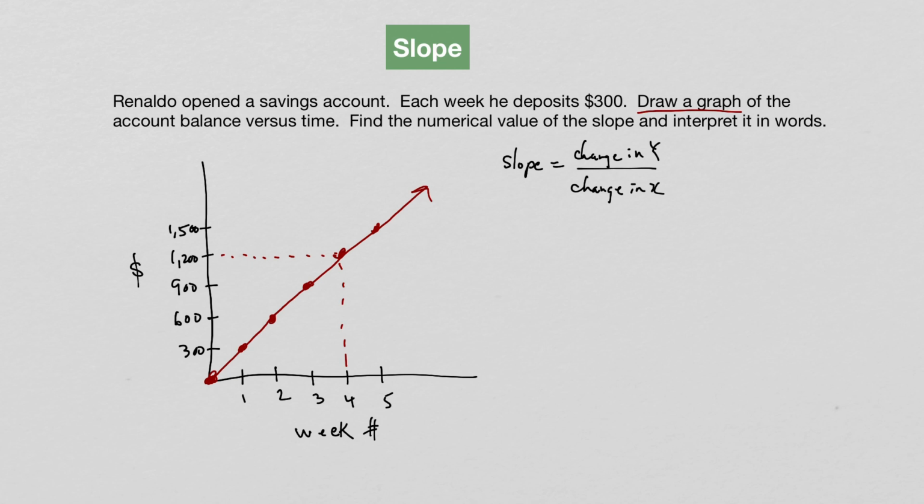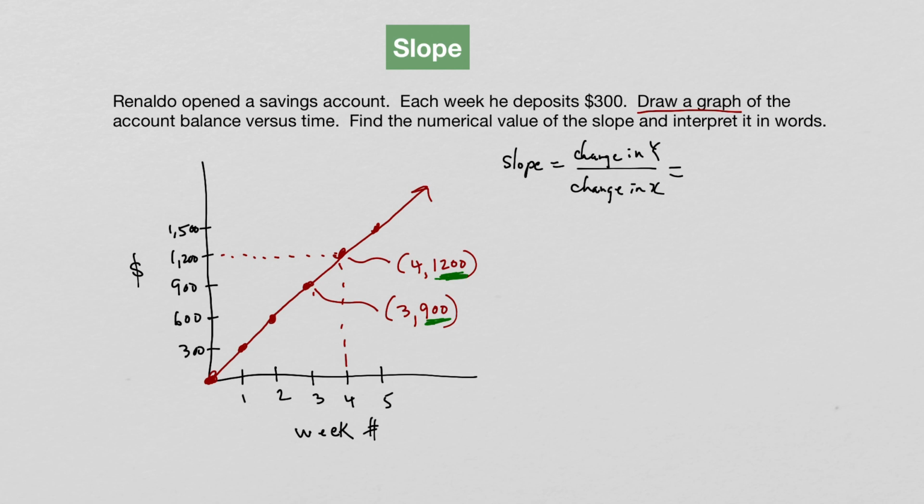So let's select 2 points. Let's say this one right here, this would be 4, 1,200, and this one right here, this will be 3, 900. So we're going to take the change in y, and that'll be these. This is my y value, this is my other y value right here. And we're going to take the difference.